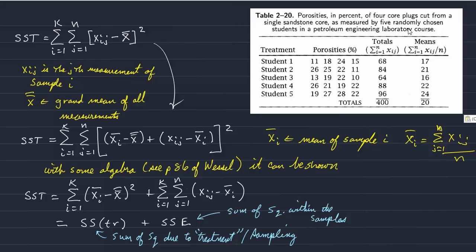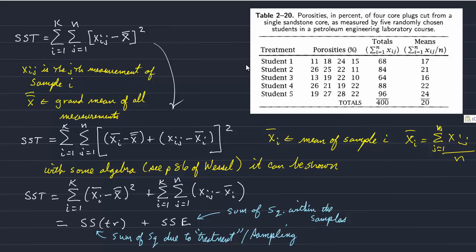There happen to be 5 students in the class, and each student measures the porosity for each of the 4 plugs. So in this sense, the treatment is between students. Each student makes a sampling, so to speak, of the porosities. And the null hypothesis that the professor had was whether each student made equally good porosity measurements.